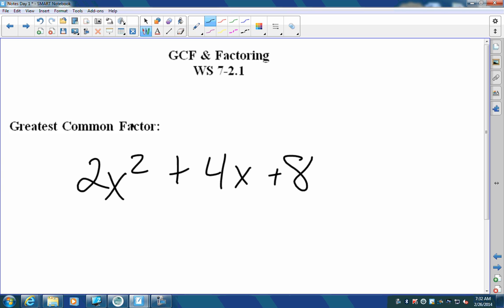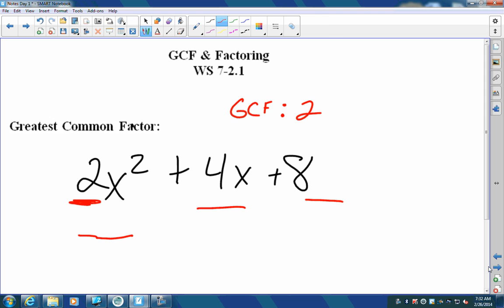Looking at these three terms, remember the terms are, there's 1, 2, 3 terms. What number goes into all of those? I'd look and see that a 2 goes into 4, 2 goes into 8. My GCF, the greatest common factor, the biggest number that goes into all of them, is 2.